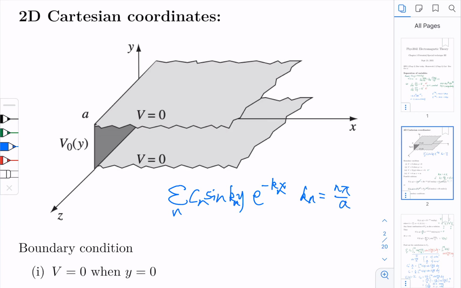So this n pi over a is determined by the boundary condition along the y-axis, and v of v naught y at x equals 0 will determine this c naught. So this is a quick way of solving this 2D Cartesian coordinate problem for the first problem.